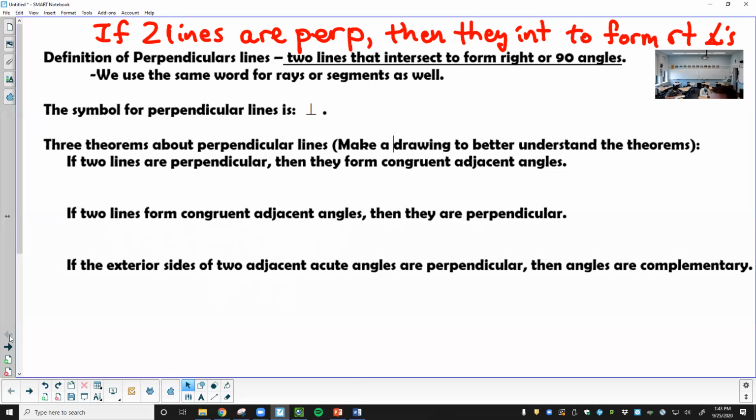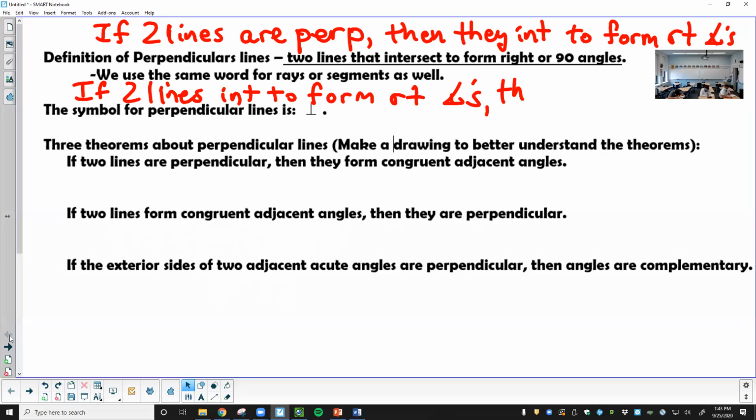So the converse of that would be, someone would say it? What's the converse of that? If they intersect to form right angles, then two lines are perpendicular. Pretty close. If two lines, that's just going to stay up front here, intersect to form right angles, then they are perpendicular.